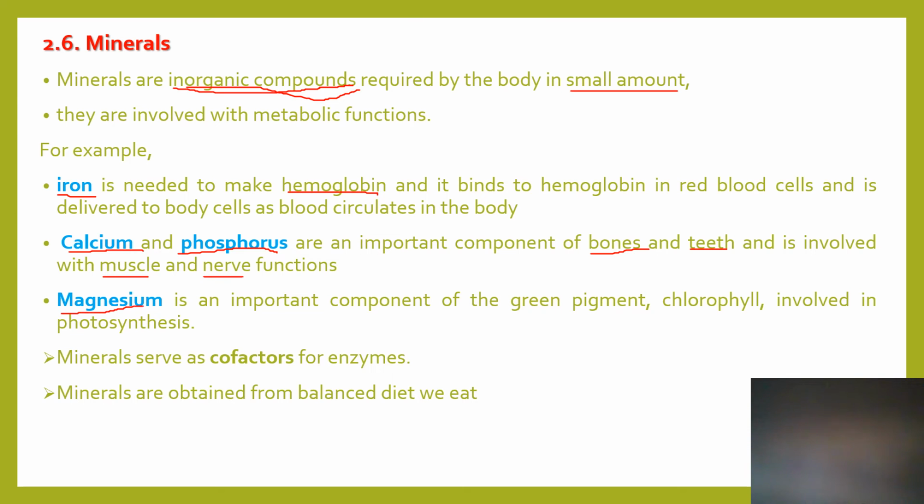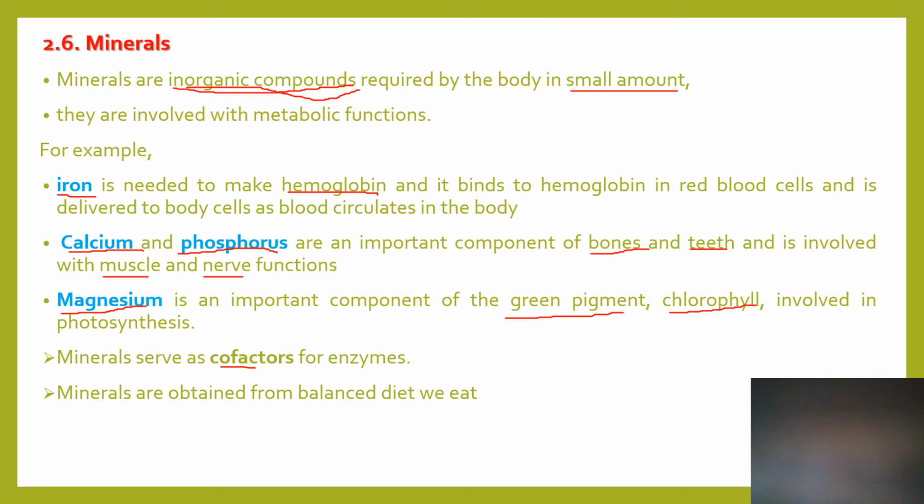Magnesium is an important inorganic molecule, which is a component of the green pigment called chlorophyll. This chlorophyll is important for photosynthesis. Therefore, without magnesium, no chlorophyll. Without chlorophyll, no photosynthesis. Without photosynthesis, no food at all.